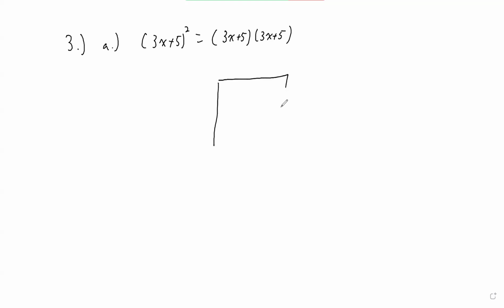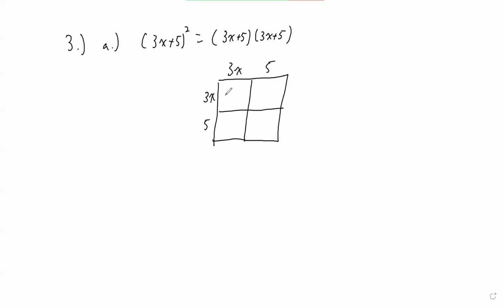So again, back to number 3. 3x plus 5 squared. Again, that means 3x plus 5 times 3x plus 5. So when I box method this, here's 3x and 5, 3x and 5.